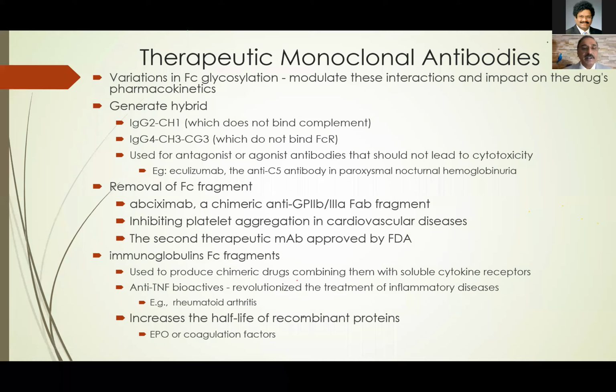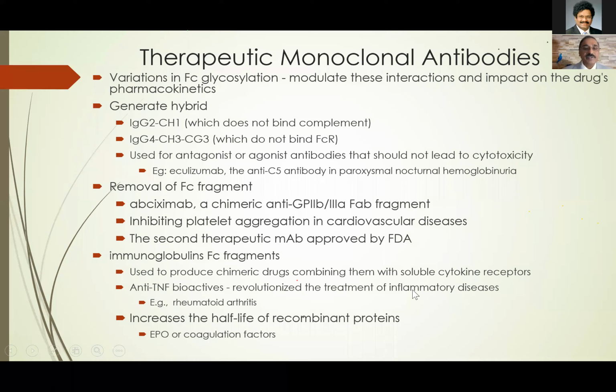So we develop these antibodies to specifically attach to these protein molecules so that the platelets would not aggregate. That was one of the drugs that we used. This is actually the second therapeutic drug that we used in cardiovascular disease to prevent platelet aggregation.